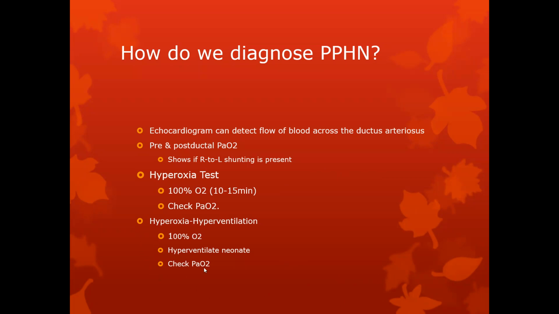And then they can do a hyperoxia hyperventilation test. And this is hyperventilating the neonate. And when you hyperventilate and you cause a respiratory alkalosis, that will relax the pulmonary vessels. And then you'll see the shunting stop being so severe. So hyperventilation dilates pulmonary vessels.